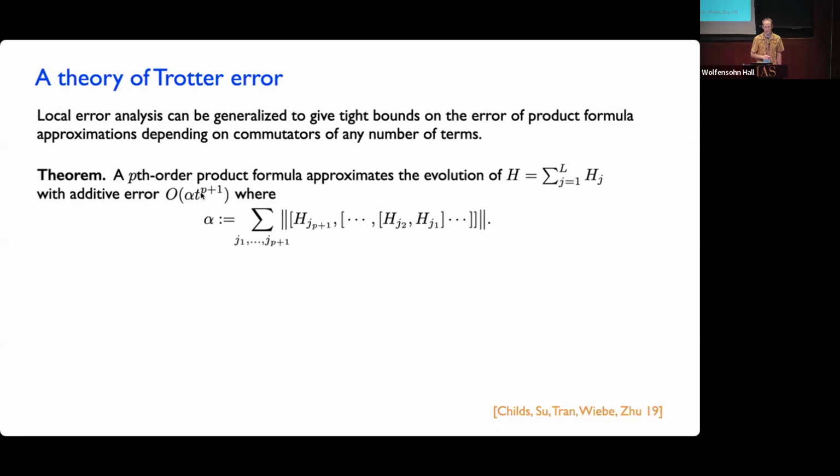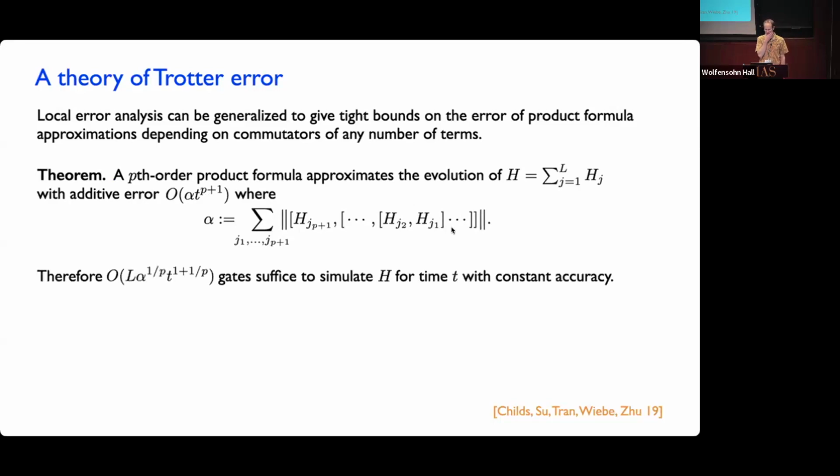But the error will scale like the sum of these nested commutators, where you take all possible ways of taking commutators between all of the terms that appear in the Hamiltonian. And this can give us a much better approximation of the dynamics. So this is the bound you would get on the number of gates it takes to simulate the Hamiltonian for time t.